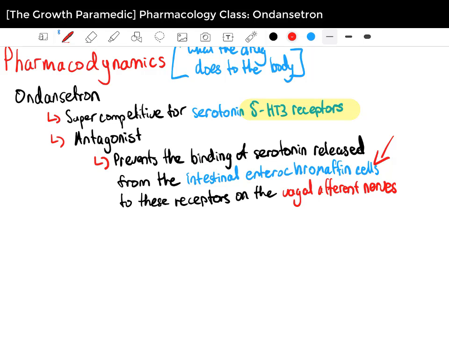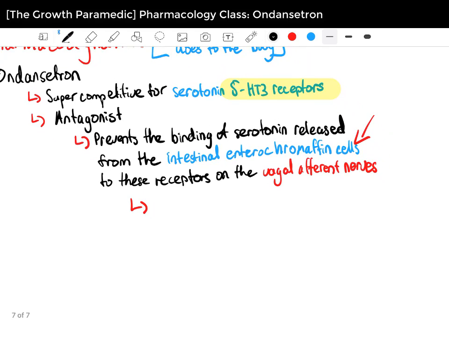And these receptors, the 5-HT receptors, are located in the vagal afferent nerves. Now, this is really important in the pharmacodynamics because of the binding of Ondansetron to these receptors, and serotonin can't bind then to it.